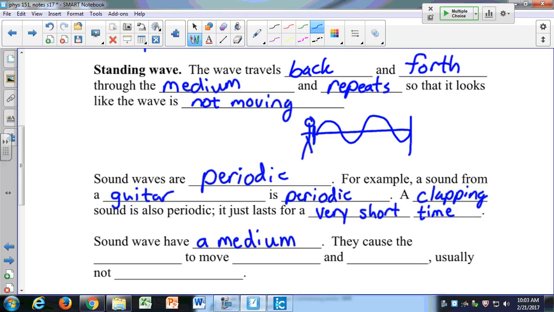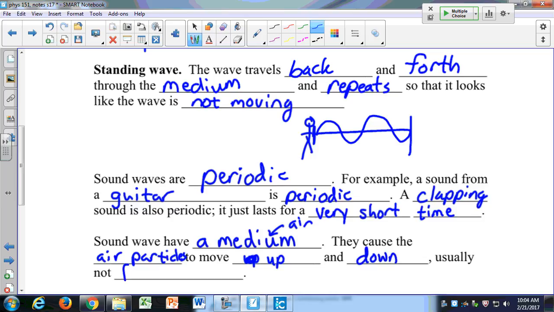So these sound waves cause the air particles, that is our medium, that air is our medium, to move up and down.